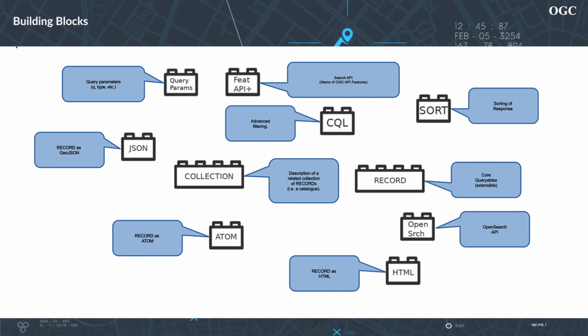And finally, we have Atom and OpenSearch. There's a large component of our community that still uses OpenSearch with Atom. So we've added these building blocks as well. So if you want to implement those, you can, and support that community as well.